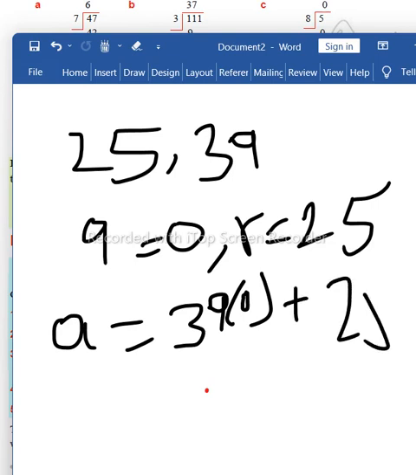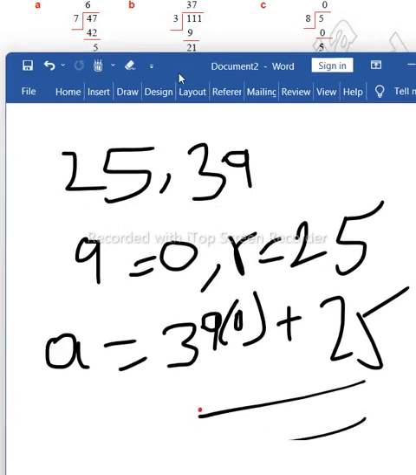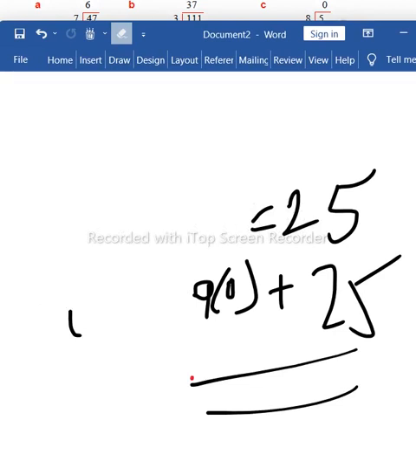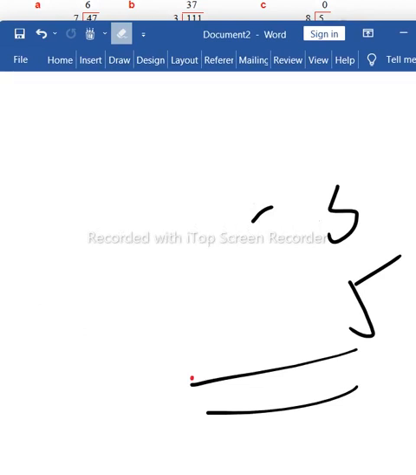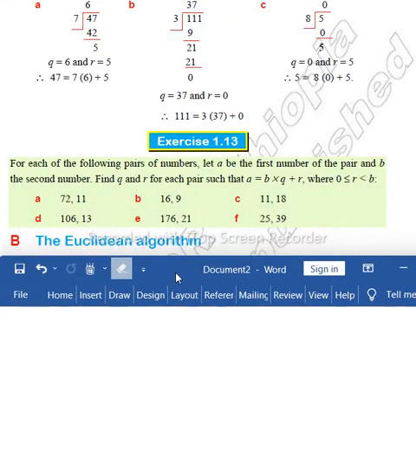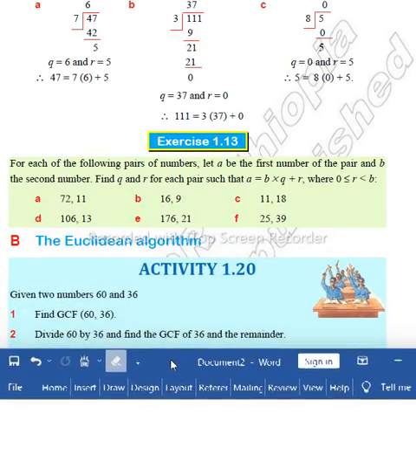This is the final question for exercise 1.30. So we move to the next lesson.